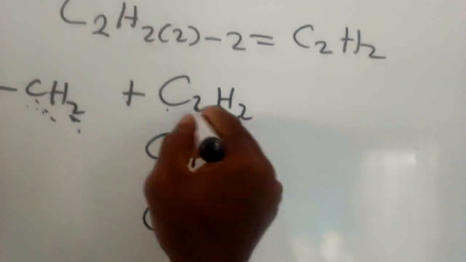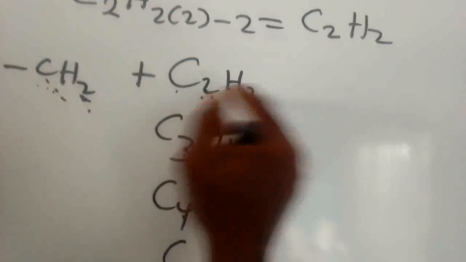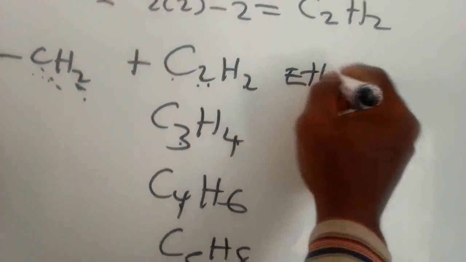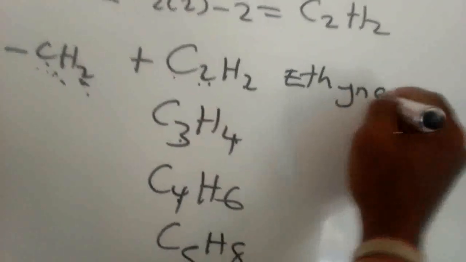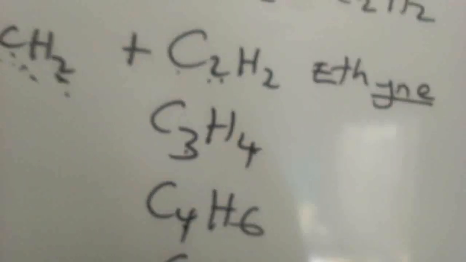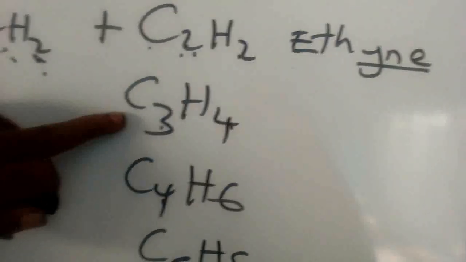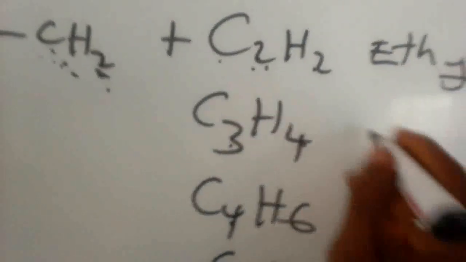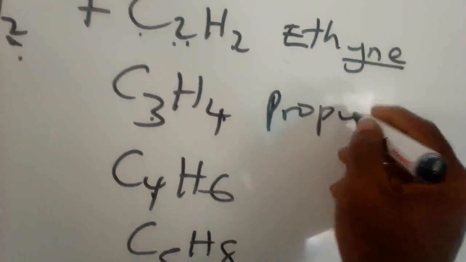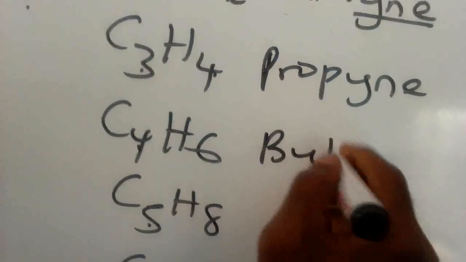So the nomenclature: this is 2. The alkane that has 2 carbons is ethane. This now is called ethyne. Alkynes end with the suffix YNE. The alkane that has 3 is called propane. This one is now called propyne, ending with YNE, not propene again, not propane. The alkane that has 4 is called butane. This is called butyne.